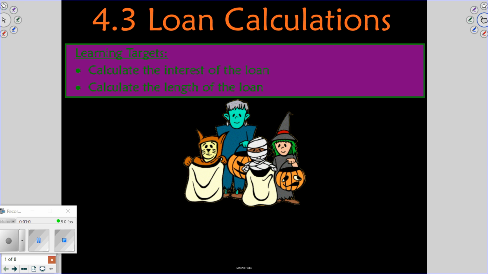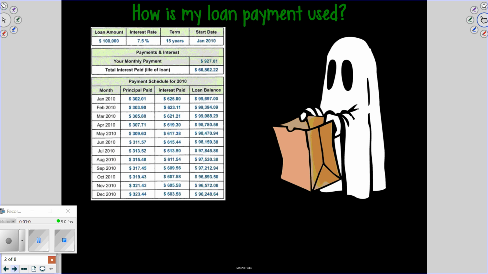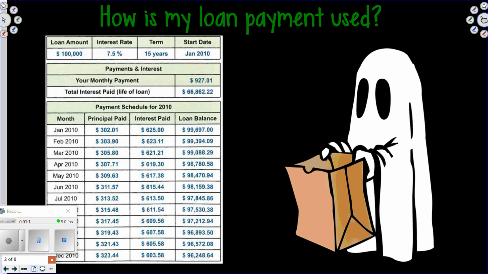Okay, so how is my loan payment used? So this little table I wanted you guys to see so you can understand. Whenever you take out a loan, they will give you a table. It's called an amortization table, where it breaks down every single payment, how it's being used. So if you look, this was for a loan of $100,000, 7.5% interest, and they're doing this loan for 15 years.